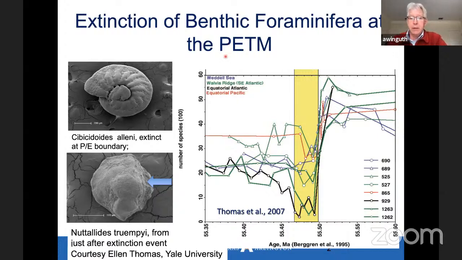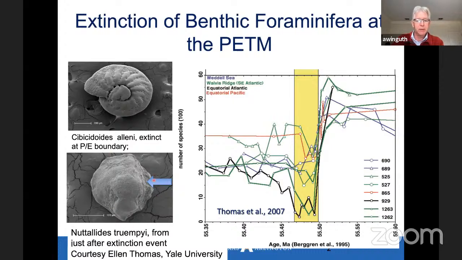It's also of interest because of large ecological changes on land and in the ocean. I want to focus here on those in the ocean. There was a wide extinction of benthic foraminifera, shown here species which became extinct.